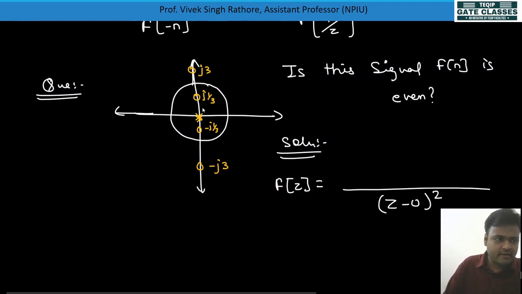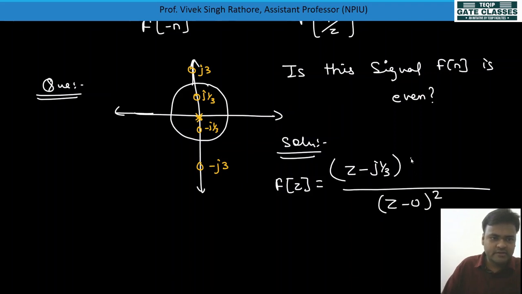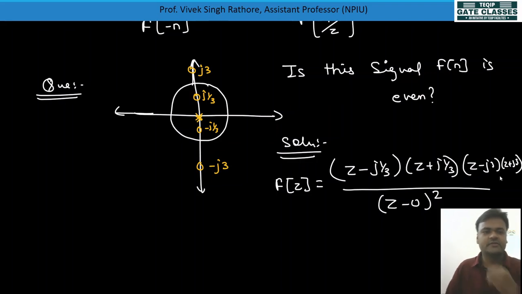Zeros are at j 1 by 3 and minus j 1 by 3, so we write z minus j 1 by 3, and the next zero is z plus j 1 by 3. And next, z minus j3 and z plus j3. This is the mathematical expression for writing this pole zero plot.